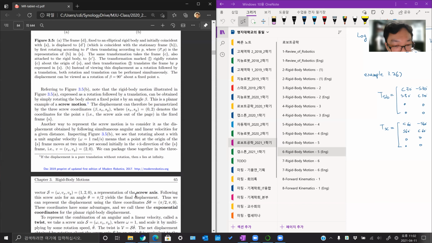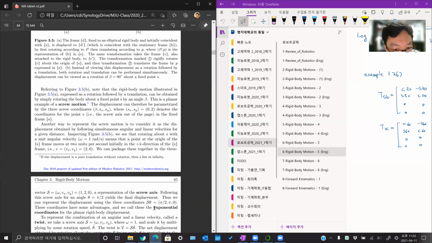So this motion and this motion is same thing but different expression. So, and also if we calculate the S multiplying theta, then it becomes like this.